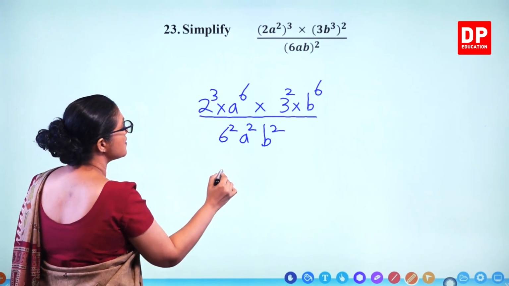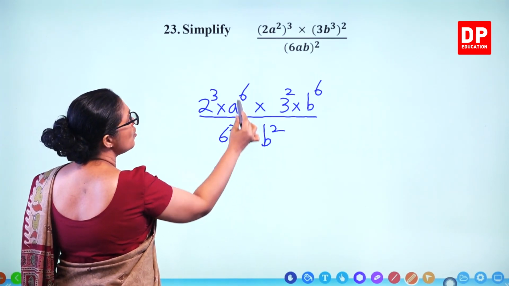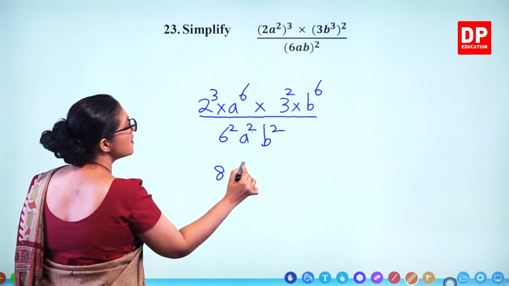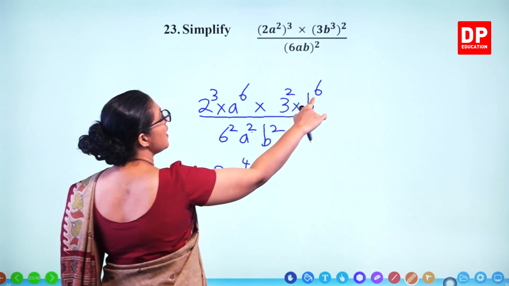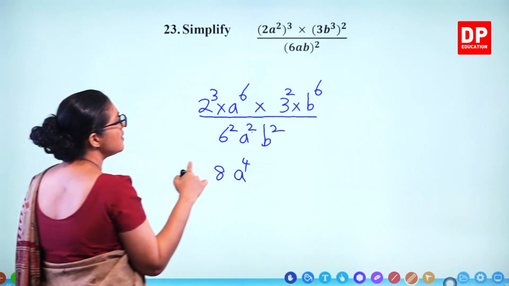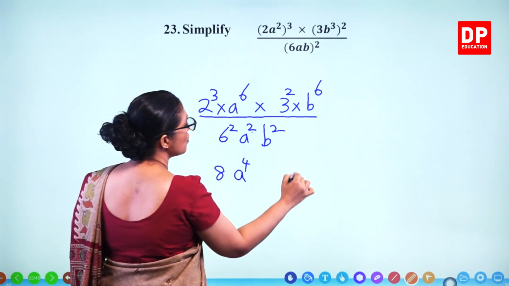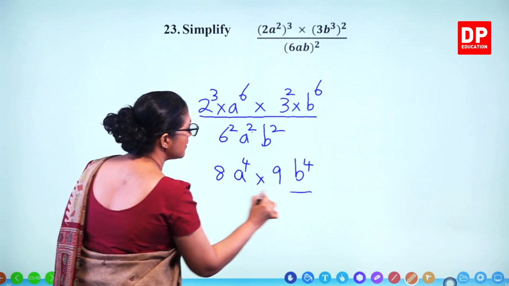2 to the power 3 is 8. And A6 and this 2, subtract the powers, you get A to the power 6 minus 2, that's 4. B, 6 and 2 there. Again, subtract 6 minus 2, 4. B to the power 4 also comes. 3 squared is 9.